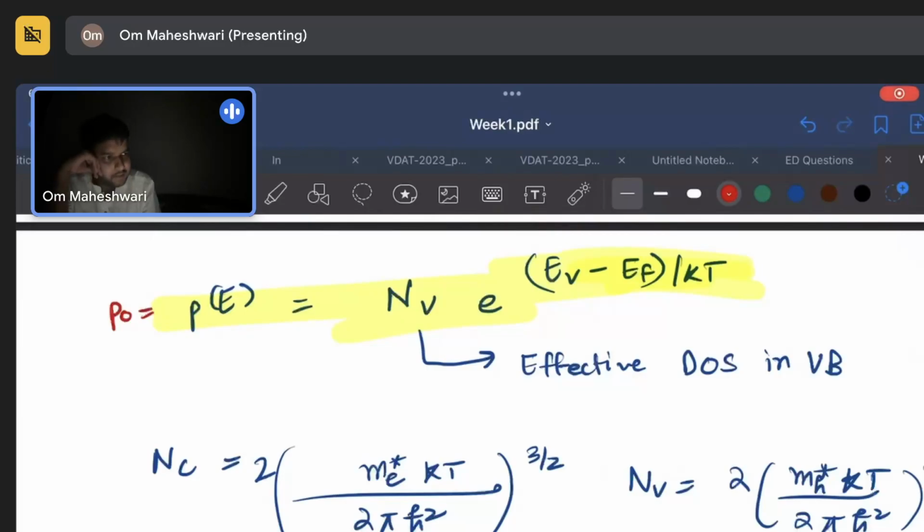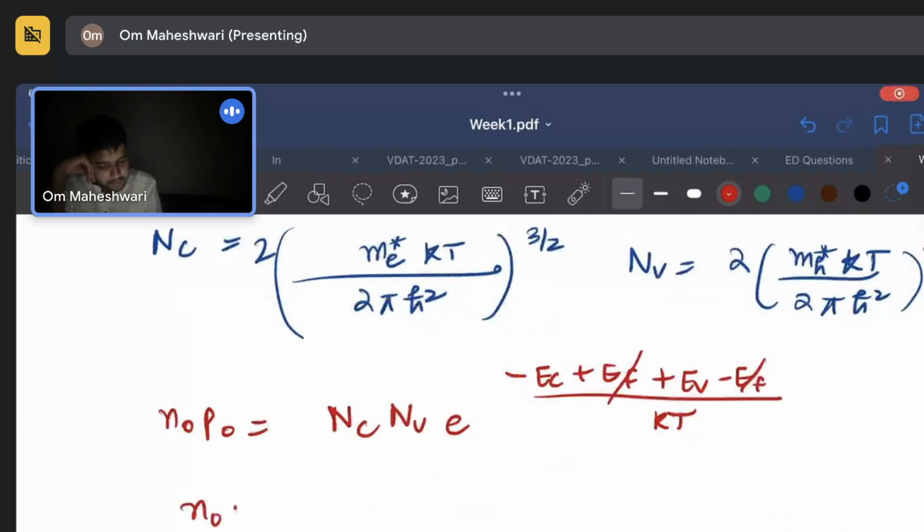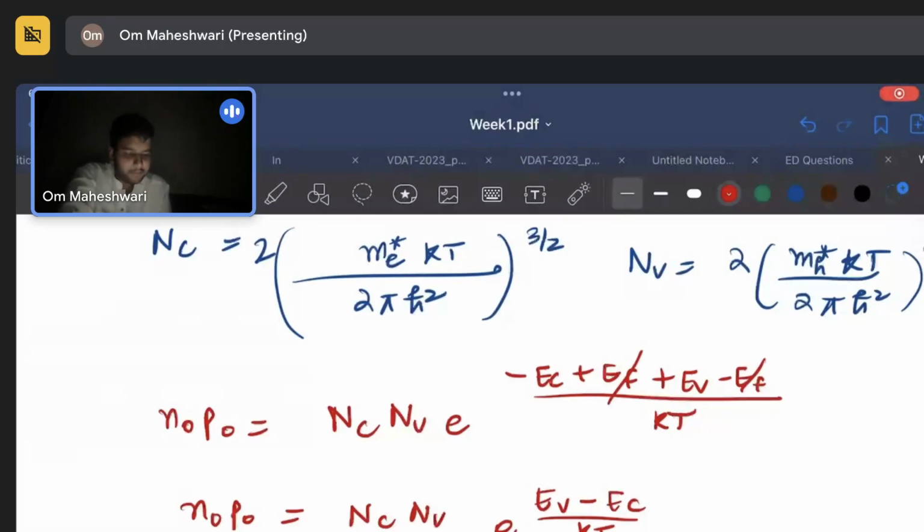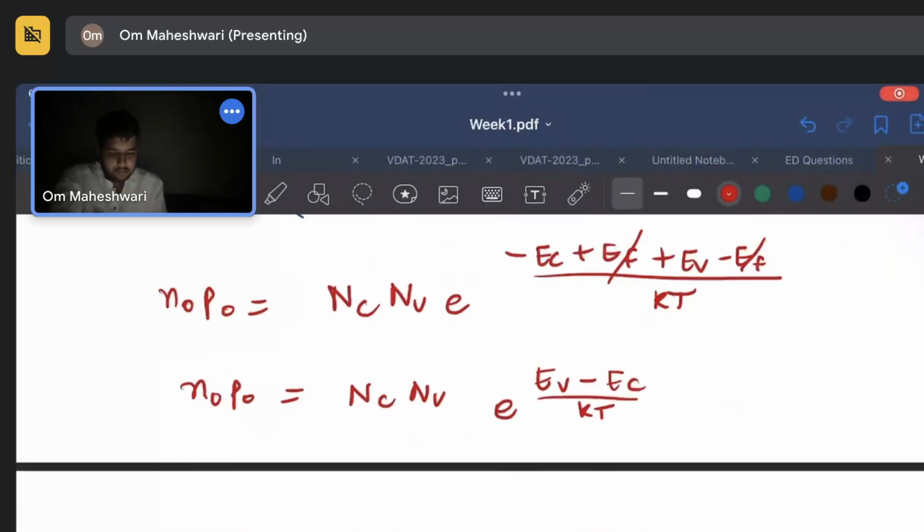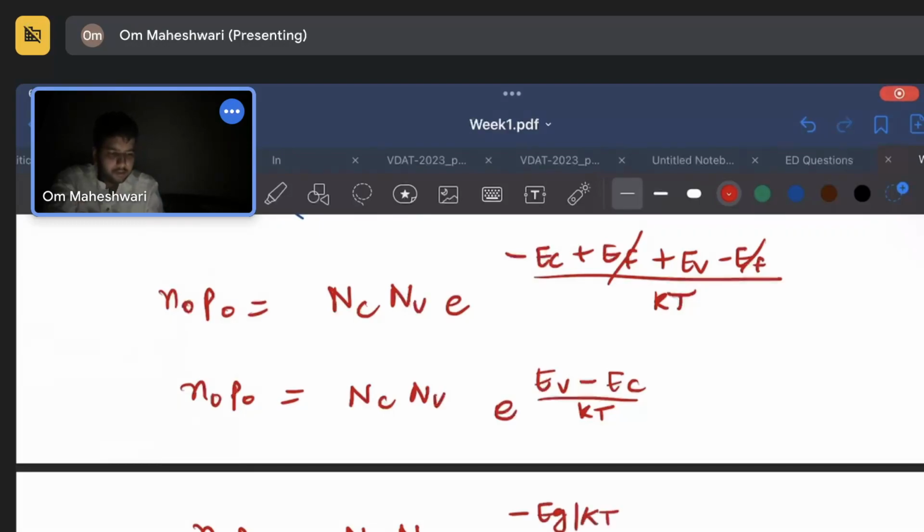So Ef and Ef will cancel. We will have n0 p0 equals Nc Nv e to the power (Ev minus Ec) by kT. What is Ev minus Ec? n0 p0 equals Nc Nv e to the power minus Eg by kT. Ec minus Ev is the band gap, right? Eg.